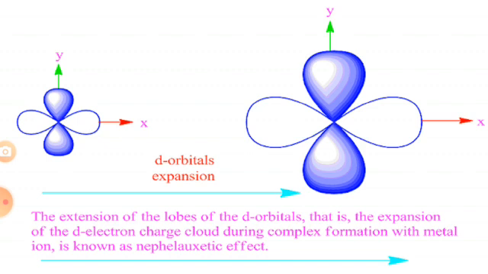Before the ligands come, the metal is a single gaseous metal with a particular interelectronic repulsion. When surrounded by ligands, it forms a complex or molecule.